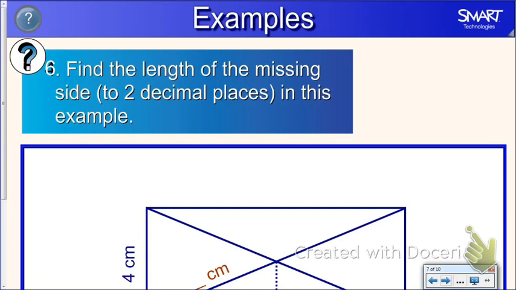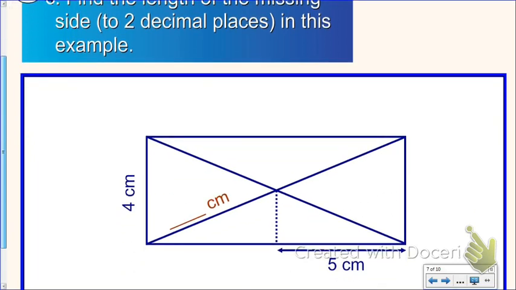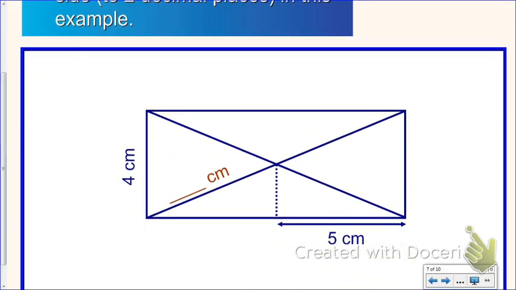Okay, now we've got some different pictures that are a little bit harder to figure out. Now some of the information behind this picture, there are going to be some things that you learn later on in this course, some rules about rectangles and some rules about angles that will prove to you why this right triangle that you see down in this area is the same as this right triangle.